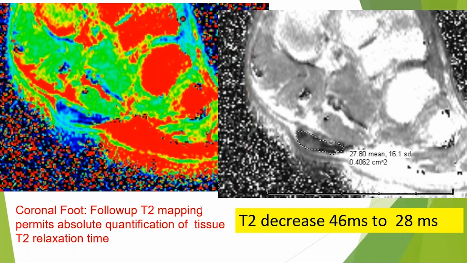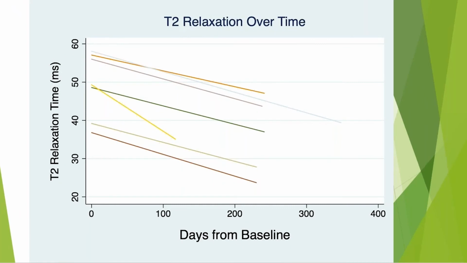And you see there that it is heavily blue or cold, with the T2 decreasing from 46 to 28 milliseconds. This slide again shows, over all the study patients, a decrease in T2 relaxation time.